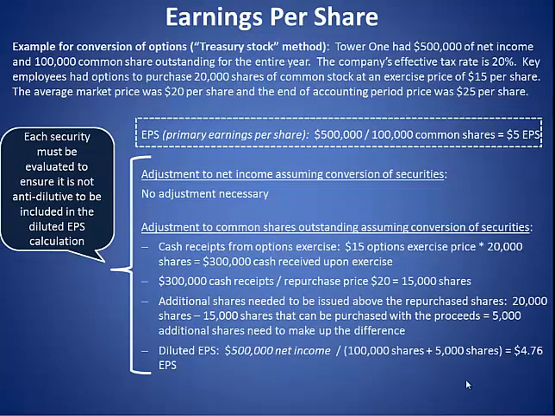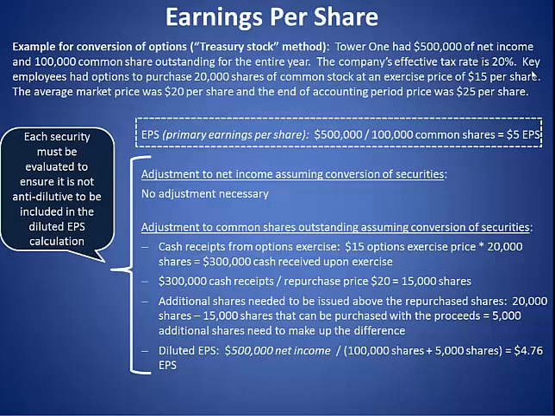Now let's take a look at an example of conversion of options. And again, when we're converting options and warrants, that's utilizing the treasury stock method. Tower 1 had $500,000 of net income and 100,000 common shares outstanding for the entire year. The company's effective tax rate is 20%.